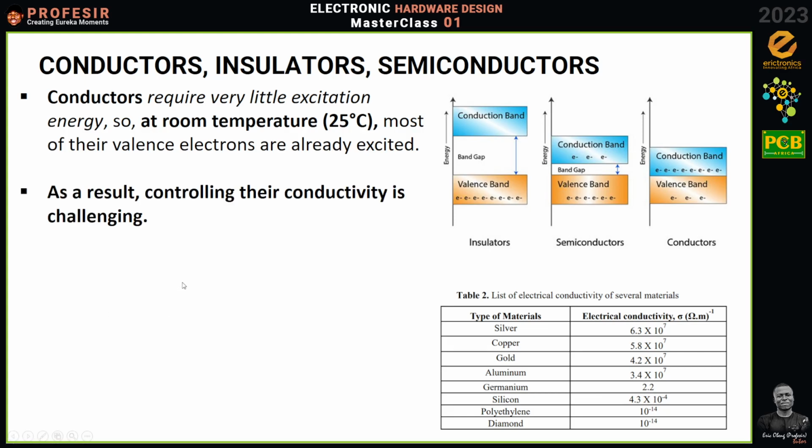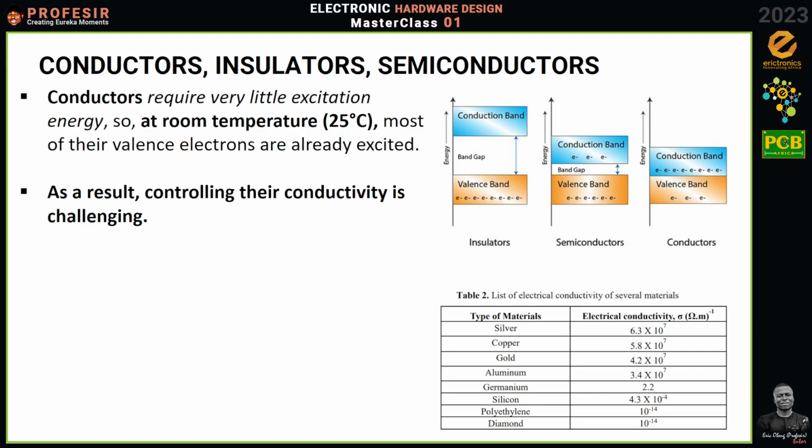Now, this same thing that makes copper an awesome conductor also has an issue. It means that as engineers we don't have much control over copper's conductivity, because even at room temperature its conductivity is excellent. Just imagine trying to reduce or control copper's conductivity. That's almost impossible.